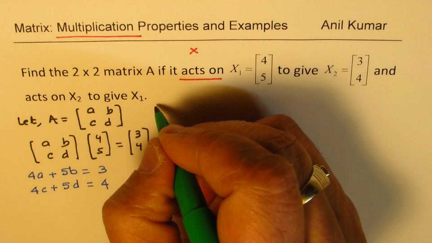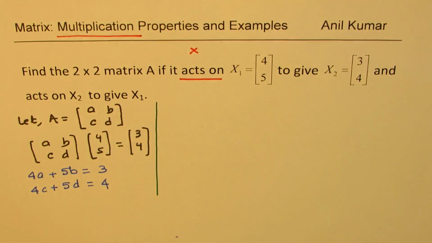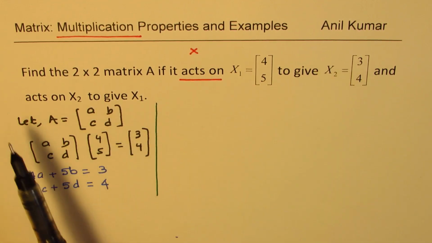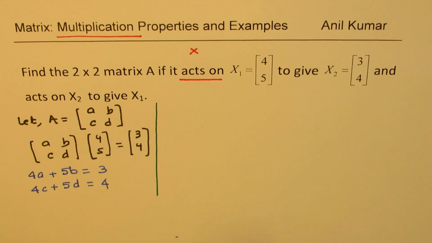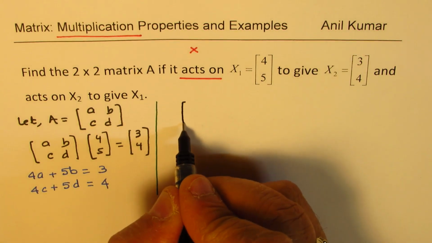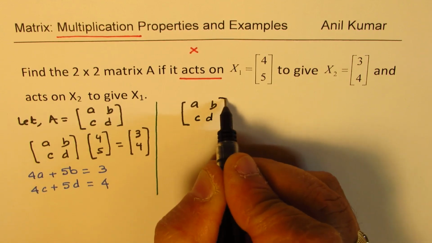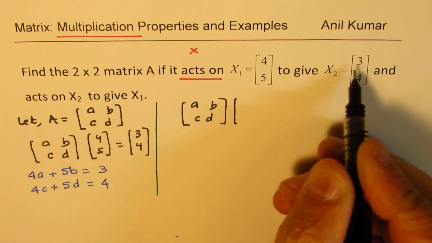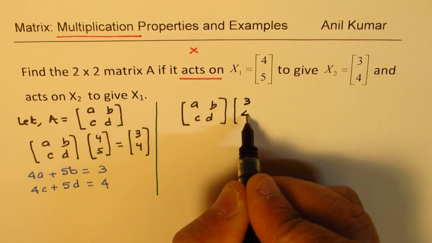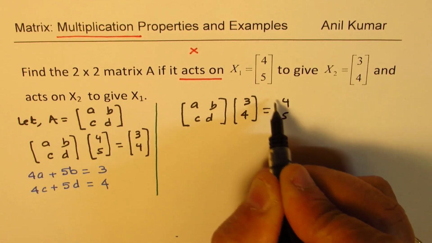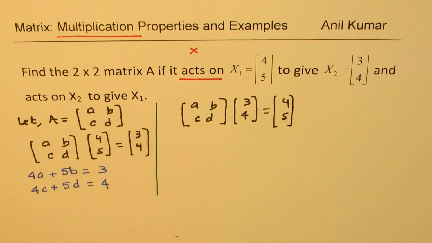Now let's look into the second statement, which gives another two equations: A acts on x2 to give x1. That is to say, when you multiply matrix a b c d by x2, which is 3 4, you get x1, which is 4 5, a 2 by 1 matrix.